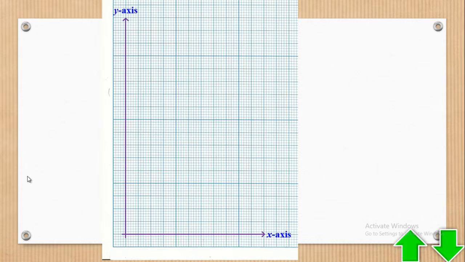Then after that, we shall put the scale for the horizontal axis. Then we shall put the scale for the vertical axis. So next is now to plot our curves.